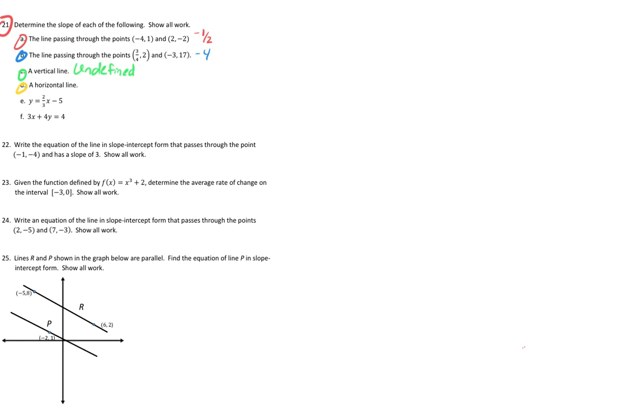Part D, a horizontal line. So this one we have no rise over our run, or 0 over run, which is 0.